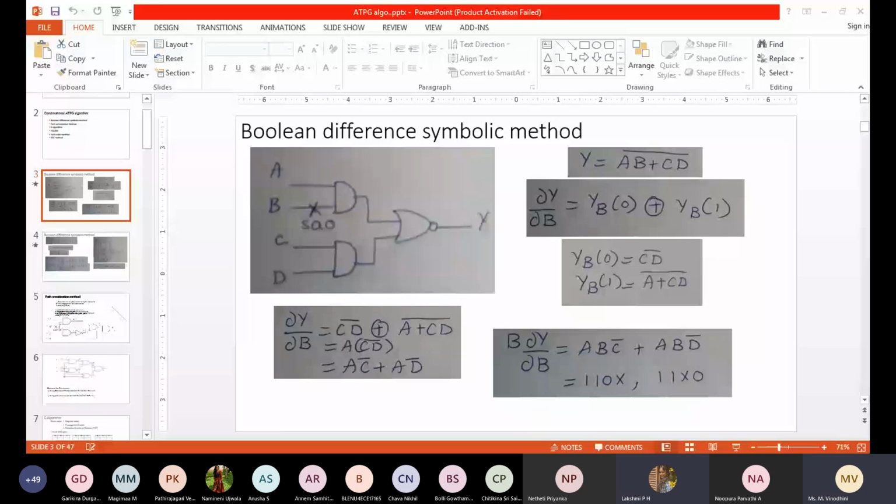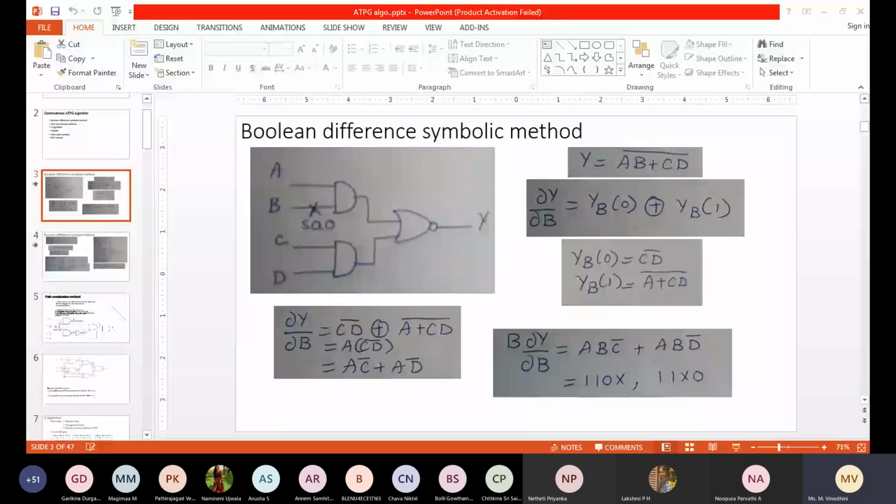For a given test vector, if a fault is detectable. Yes, for a given test vector. So the objective of the fault simulation algorithms is to check whether the given test vector can test the given or specified faults or not. So the test vector is also given, the fault is also given, and the circuit is also given in the fault simulator algorithm.